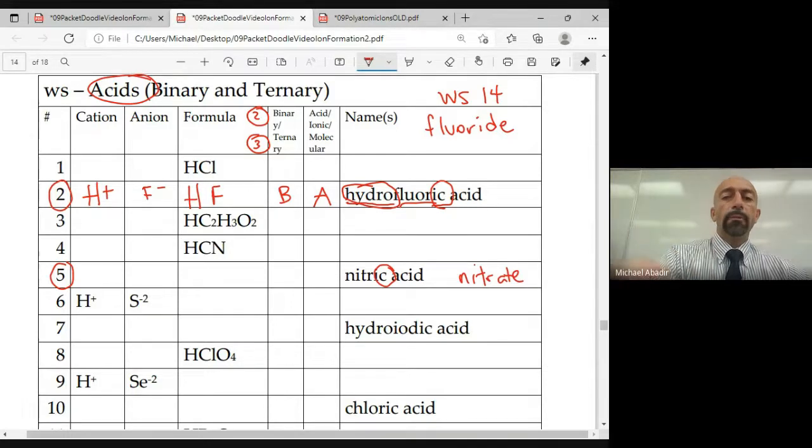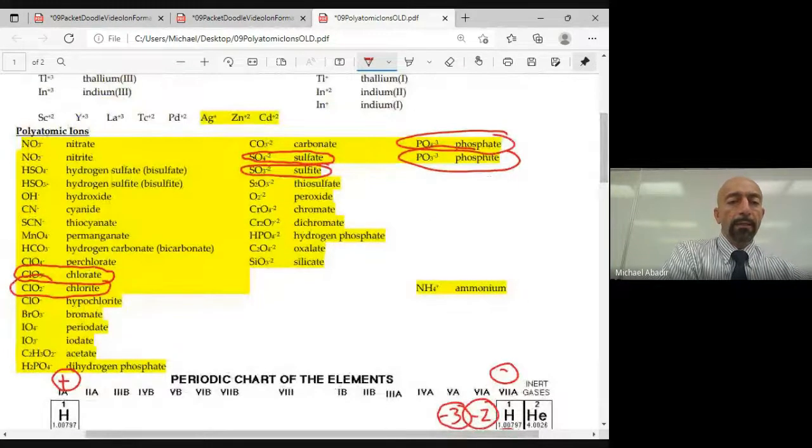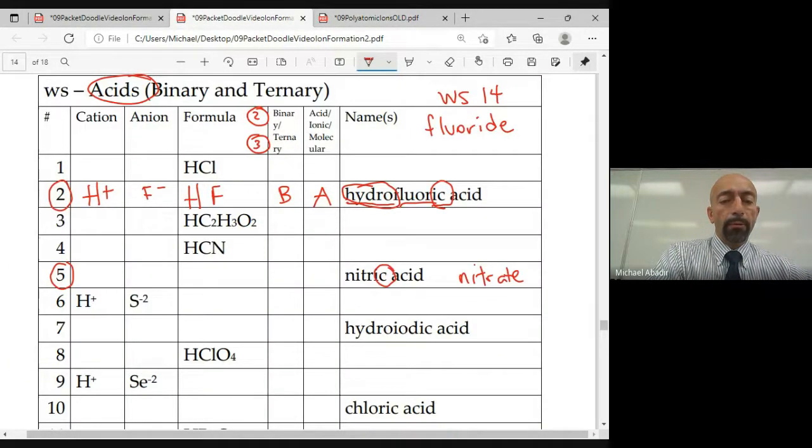Nitric came from nitrate. So we look back here and we find nitrate, and nitrate is right there, and it's NO3 -1. So we write NO3 -1. That's always going to go with H pluses for acids, and they match. So it's going to be HNO3. This is a ternary acid because it has 3 elements. And as I said, the whole sheet is acids.